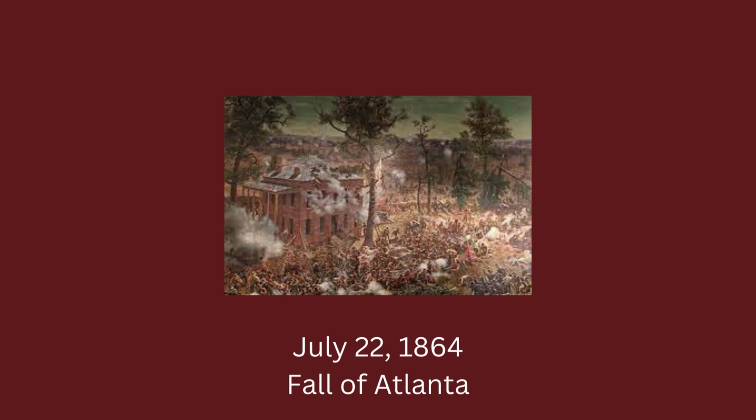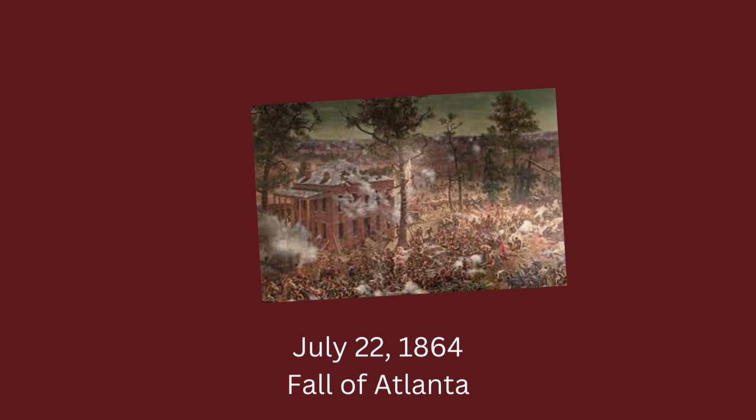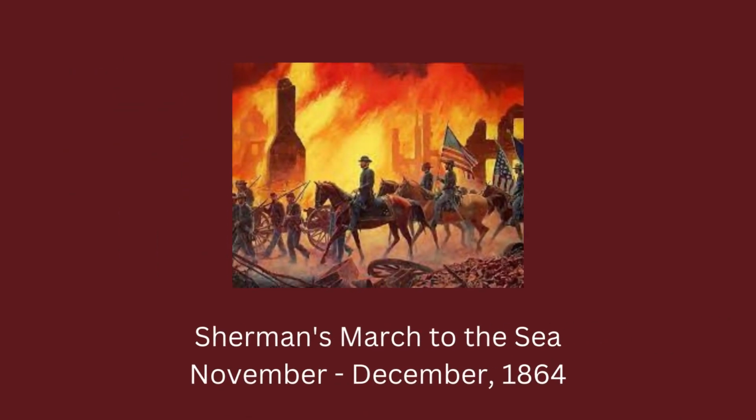By July of 1864, things are falling apart for the southern states. On July 22nd of that year, General Sherman sweeps in from Tennessee and takes the city of Atlanta, taking away one of the most crucial industrial centers from the Confederacy's control.